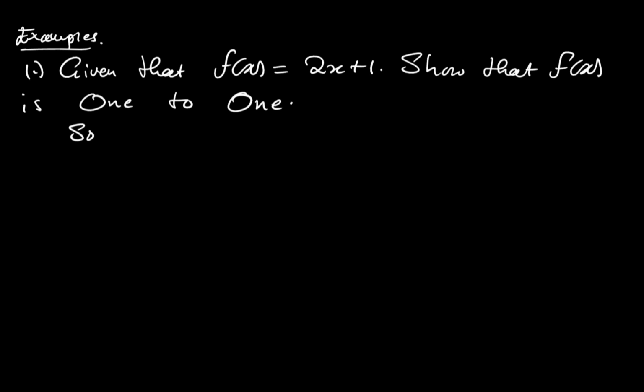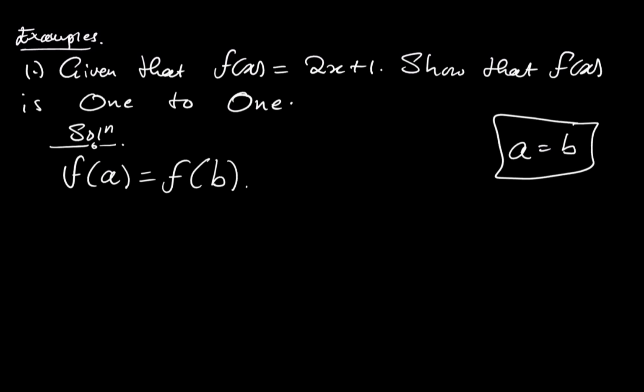Now, in order for you to show that a given function is one-to-one, what you need to understand is that for a one-to-one proof to hold true, it implies that f evaluated at the input A should be equivalent to f evaluated at the input B. So if this statement holds true, where you reach a case where A is equal to B, then your particular function is one-to-one. If the statement does not hold true, then the given function is not one-to-one.